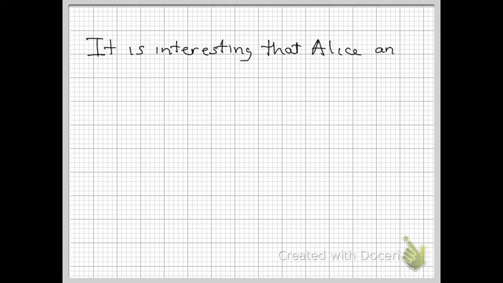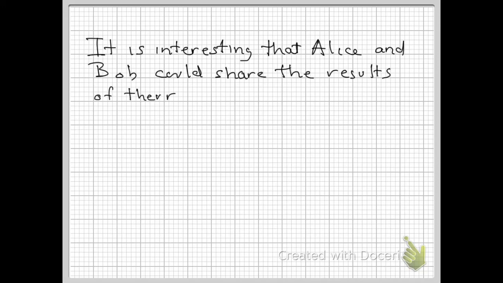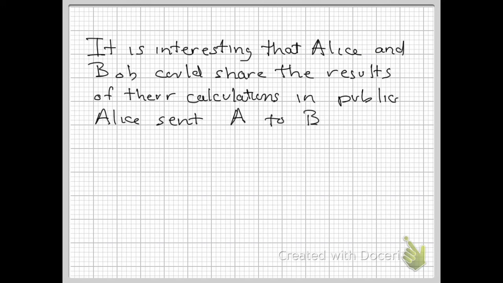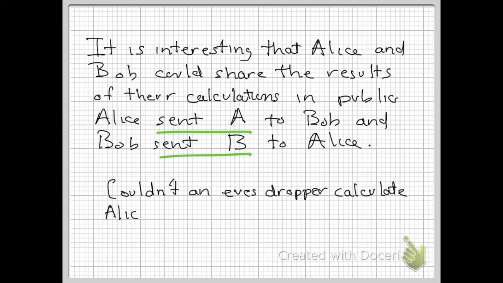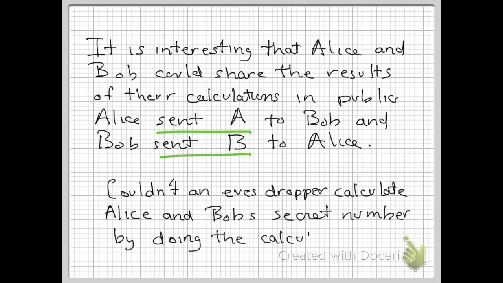Now, it's interesting that Alice and Bob could share the results of their calculation, the capital A and the capital B. They could share those numbers over an insecure line. So you would wonder, couldn't an eavesdropper calculate Alice and Bob's secret number by doing the calculation in reverse, so that they could find little a from capital A and little b from capital B?